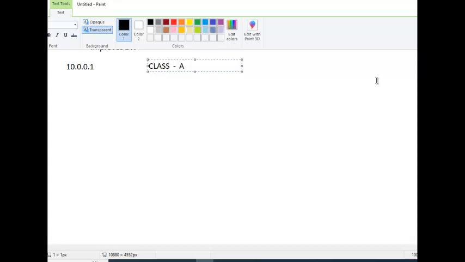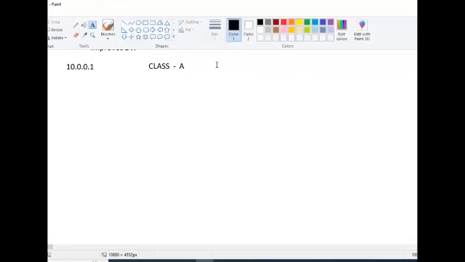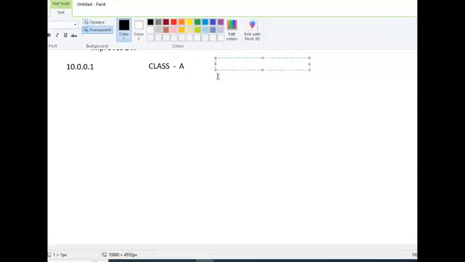Because it is class A, the default mask is, you can also write, /8.